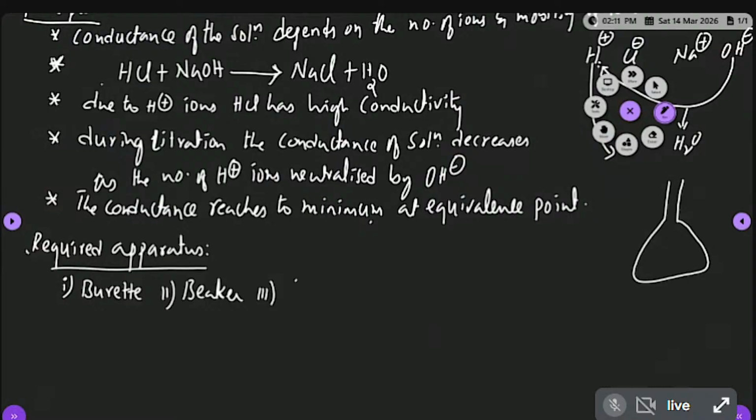ఓకే, సో బ్యూరేట్, బీకర్ అండ్ పిపెట్ కూడా అవసరం లేదమ్మా. కండక్టివిటీ సెల్, ఇంతకుముందు చెప్పాను మీకు. కండక్టివిటీ సెల్, దట్ ఈజ్ వన్ ఇన్స్ట్రుమెంట్. Conductivity cell and conductivity meter, conductometer.